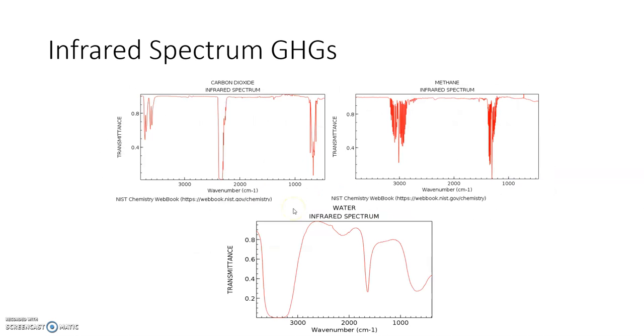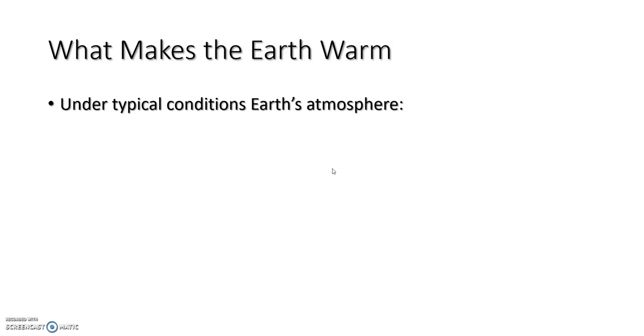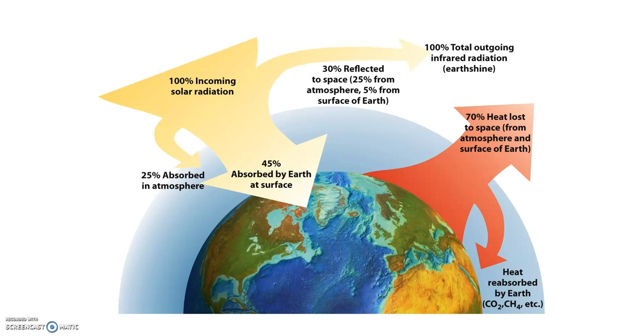What happens, however, is that this infrared radiation, I'm going to go ahead a couple slides, I think. I meant to do this, yeah. So as the incoming radiation comes in, all of those parts of the electromagnetic spectrum are coming in. We've got some that's just going to bounce right back, and it's going to be reflected back into space, 25% in the atmosphere and 5% in the surface.